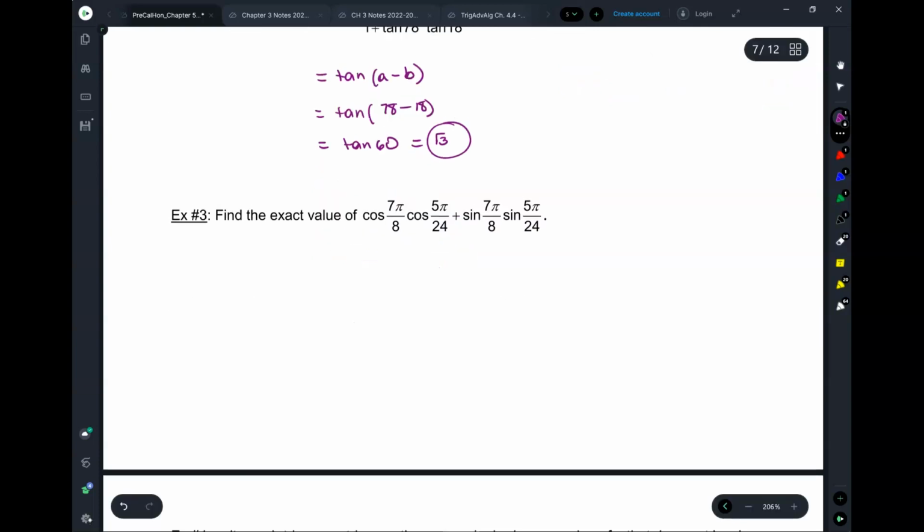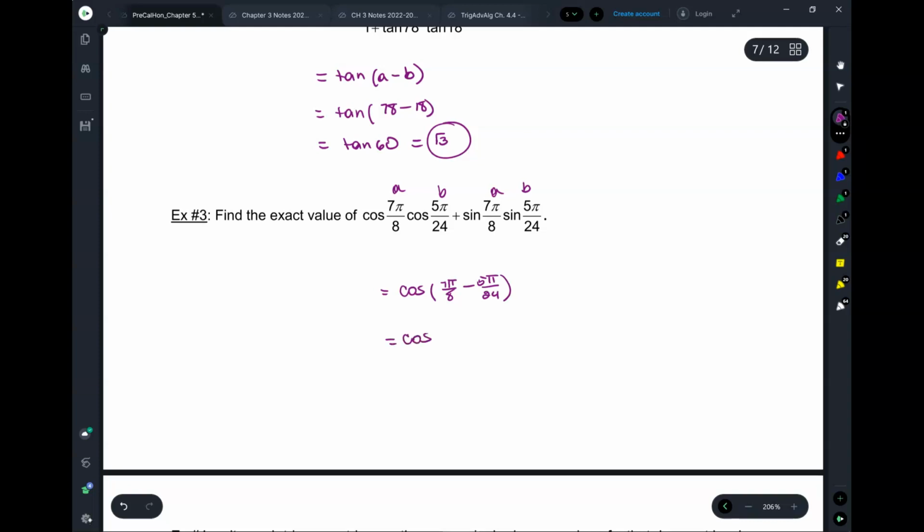Okay, what do we have here? What's this mess? It's important that you recognize I've got cosine, cosine, sine, sine. Something similar is going to show up next lesson. So you have to watch for the pattern, cosine, cosine, sine, sine, and also look at the angles, A and B. So this is going to be cosine of 7 pi over 8 minus B, 7 pi over 8 minus 5 pi over 24.